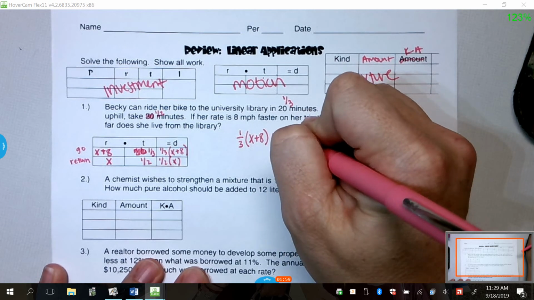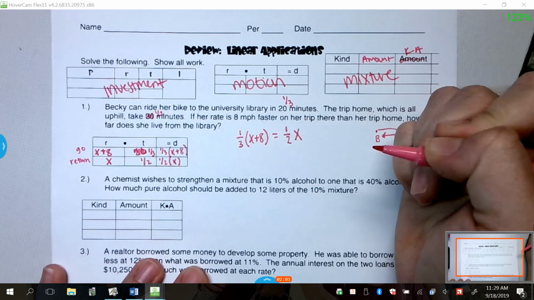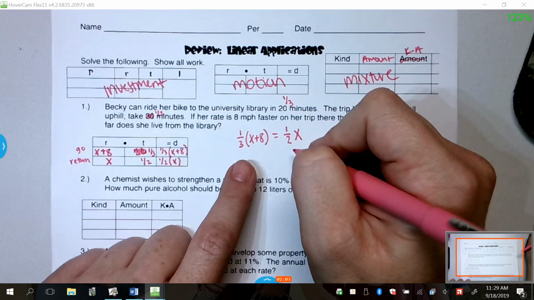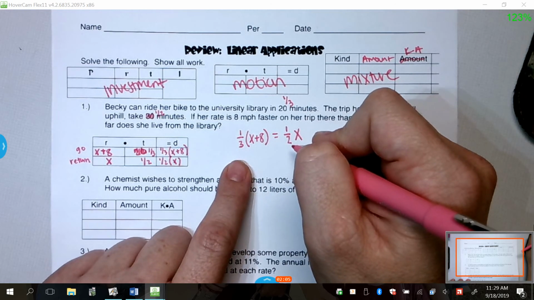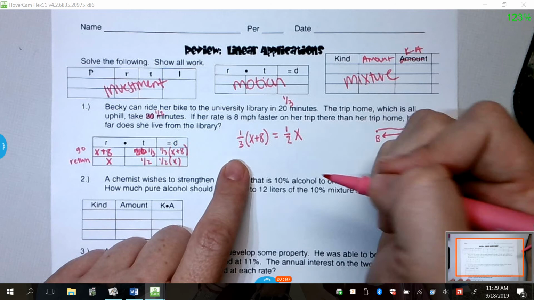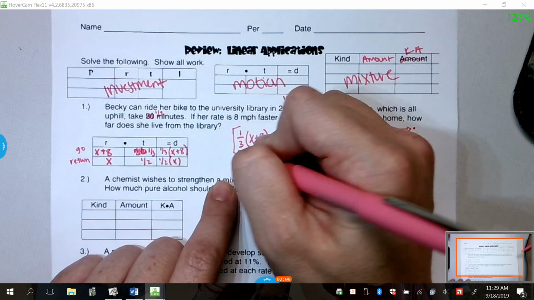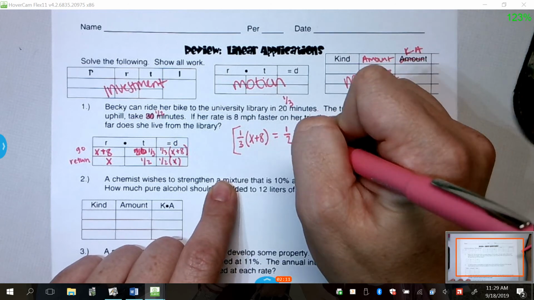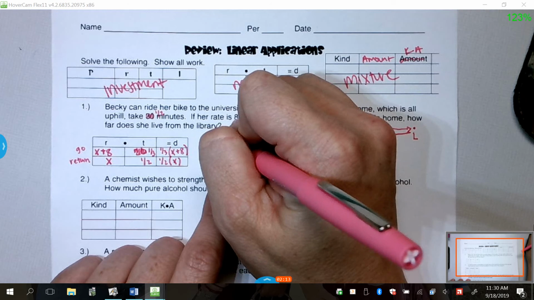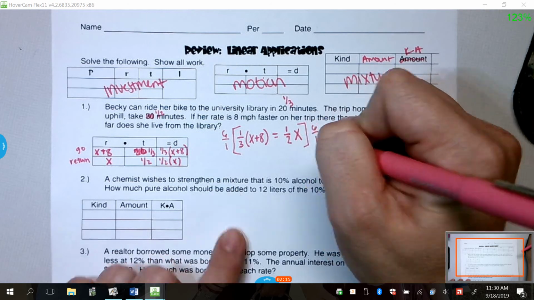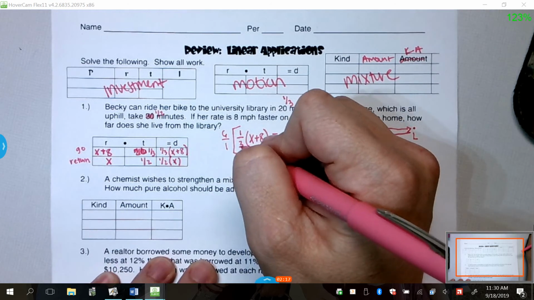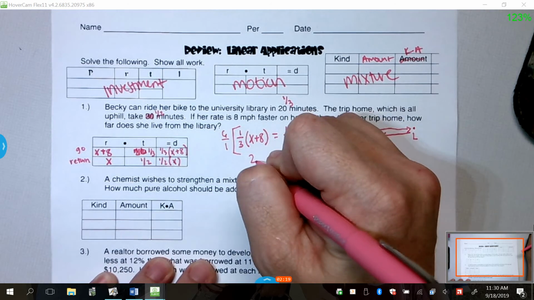Equals 1/2 x. So the cool thing is we can get rid of this. What's my LCD? My least common denominator. Both of these can turn into 6. So if I multiply this whole equation, both sides, by 6/1, that cancels and gives me 2.